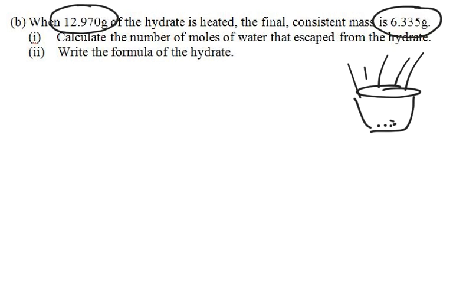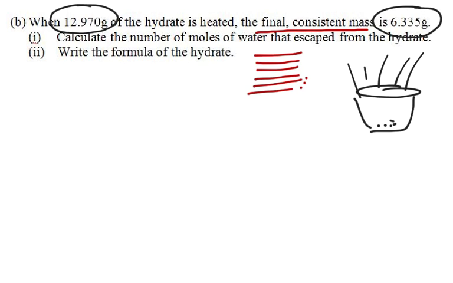Now notice that the way this is stated here, it says the final consistent mass. So if we were to weigh it, then weigh it again, and again, we'd expect it to get smaller and smaller, and we would keep going until the last 2 or 3 values come out the same. That way we know that we have driven off all of the water.